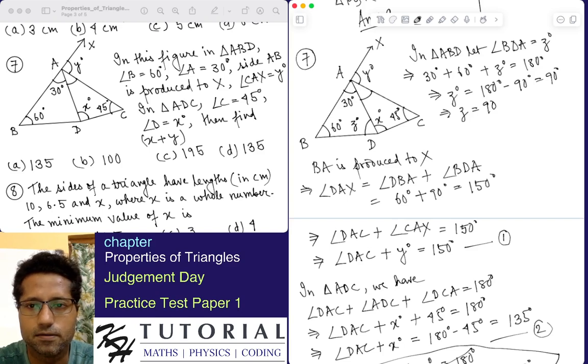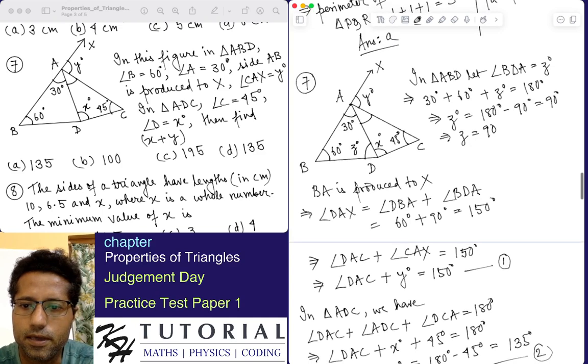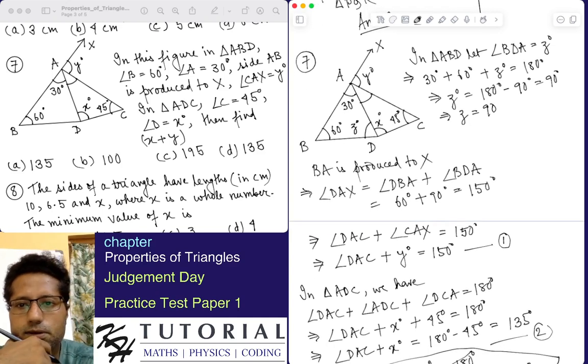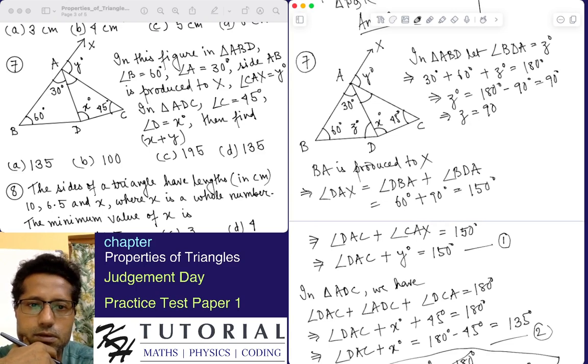We have two triangles, and there is an exterior angle formed, which is DAX. What else is given? CAX is given, y degrees.